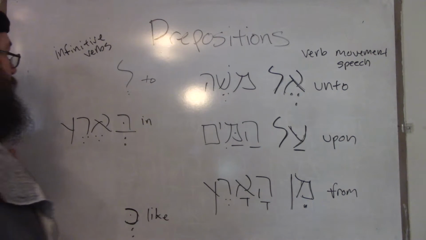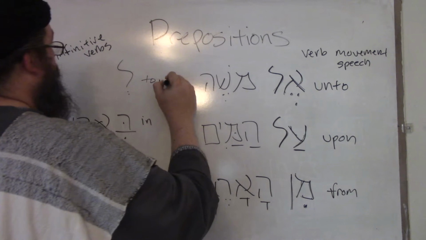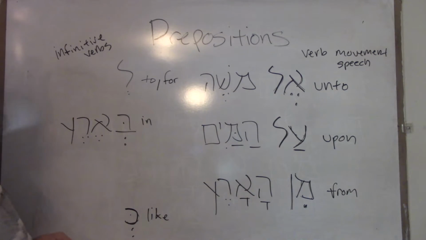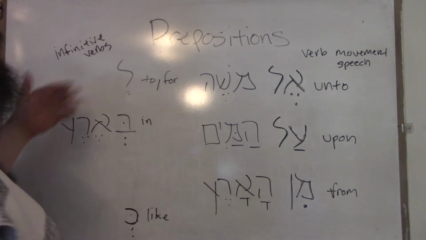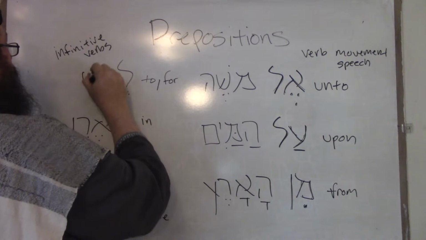So if we were going to say, help me, let's add the other word for, because this is also another preposition that's used. So here we can have a proper noun, for example, like Moshe.